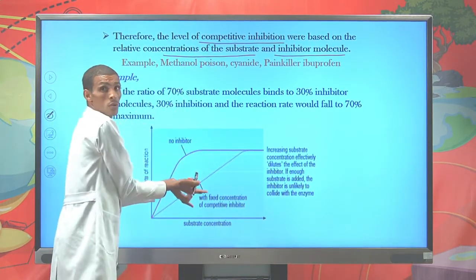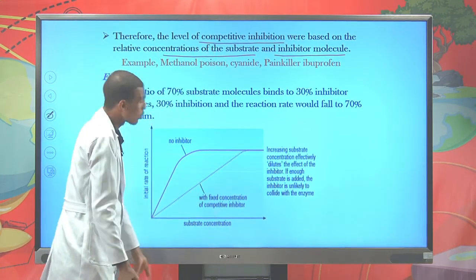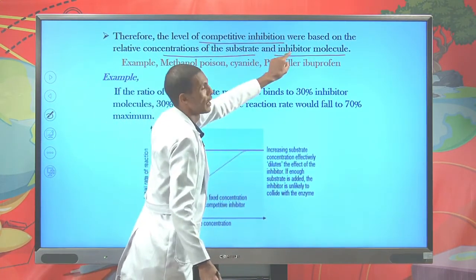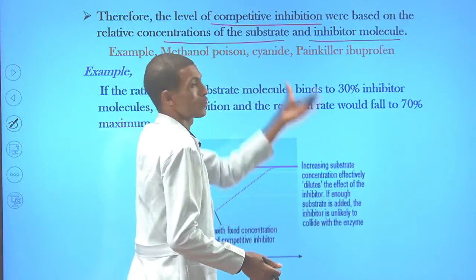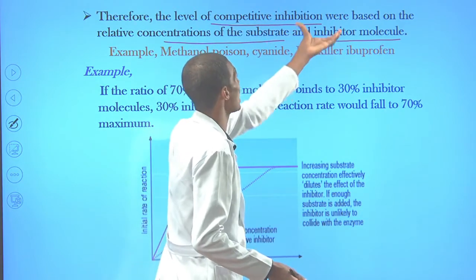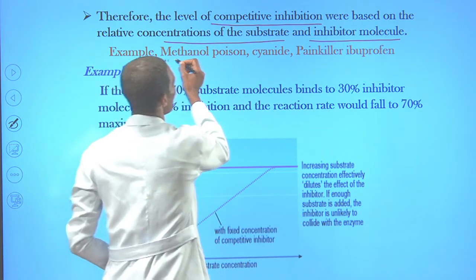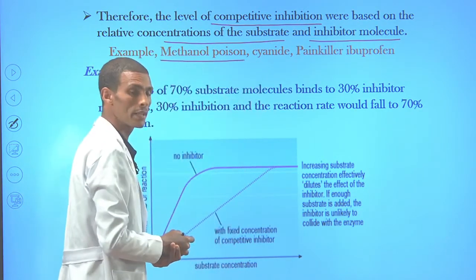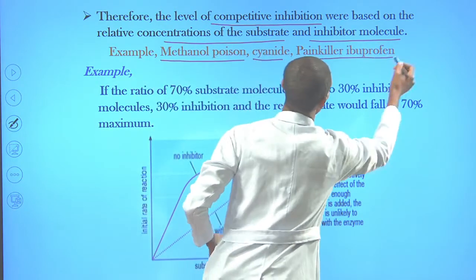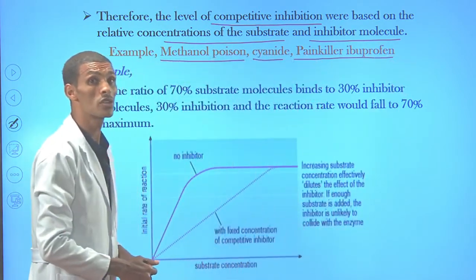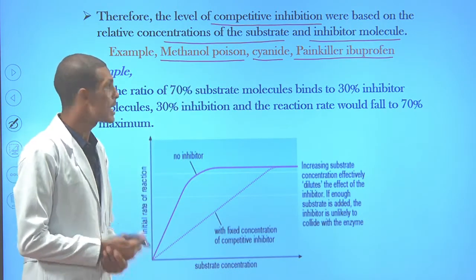We can dilute the effect of the inhibitor by increasing the concentration of the substrate, or we can slow down the rate of reaction by increasing the inhibitor. It may be very important. For example, methanol poison, cyanide, and the painkiller ibuprofen can be considered competitive reversible inhibitors.